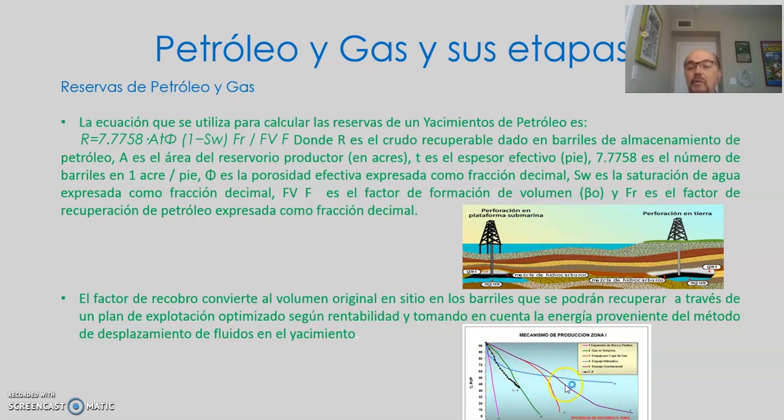So we could have a water drive where the pressure won't fall too much, and we could have a good recovery factor for those cases. But if we have dissolved gas, the pressure can fall very fast, and we need to apply some water injection projects so that we can improve or optimize the recovery factor.